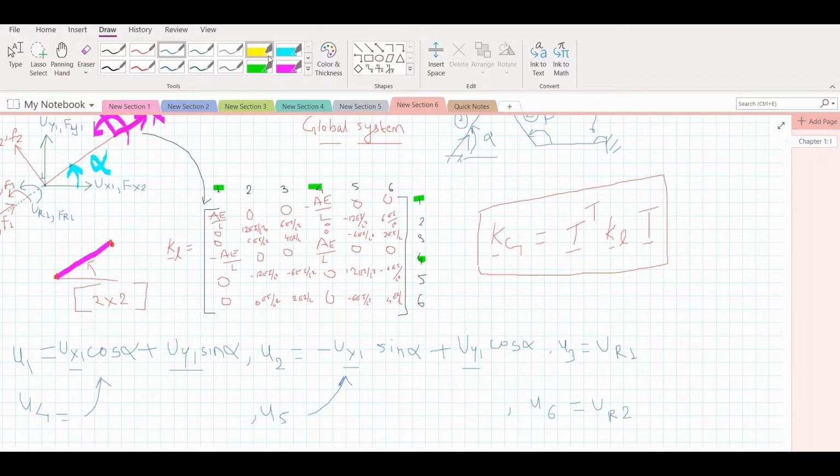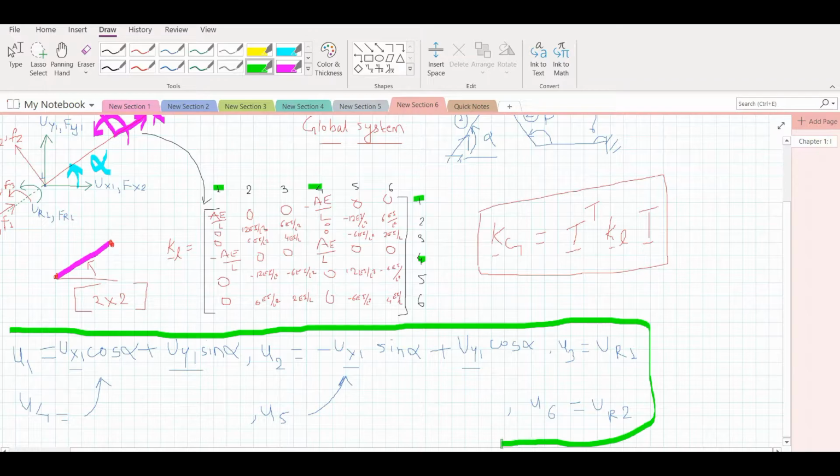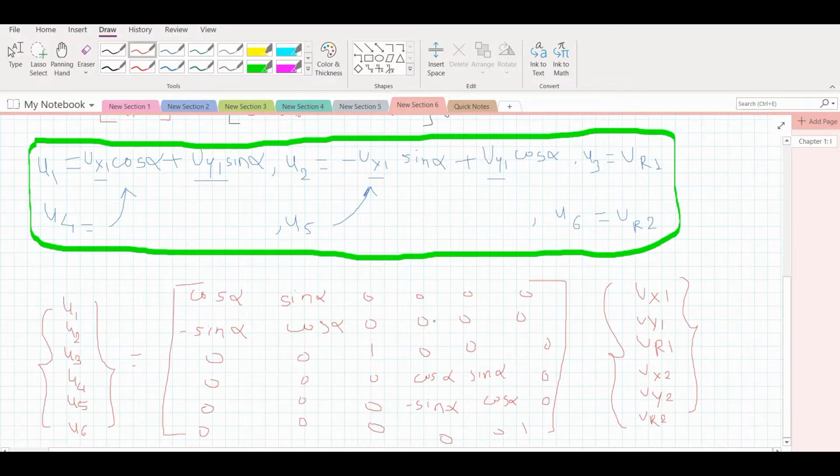We can write this equation into one matrix form. That matrix will look something like this. Now when you open this matrix, you'll find that u1 will be equal to ux1 cos alpha plus uy1 sin alpha, and all these terms will be 0.